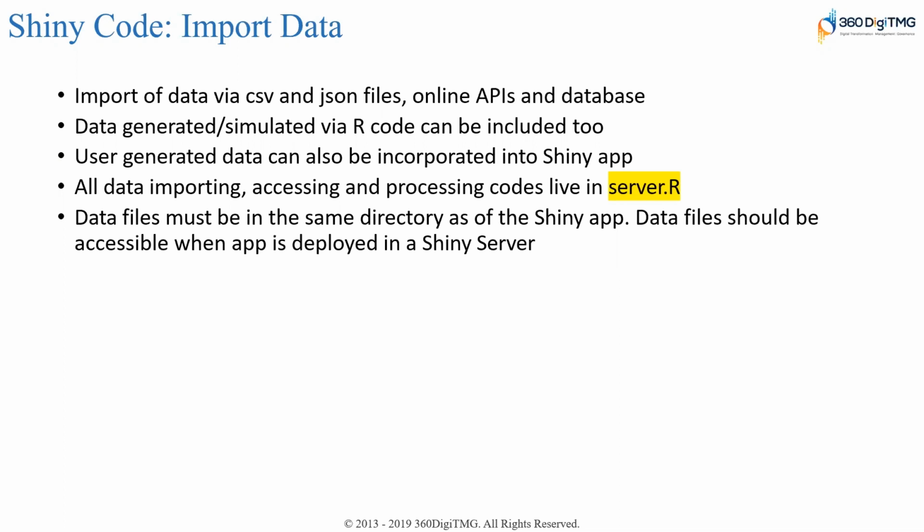So it automatically picks. It's more like the present working directory in R, right? In the same way you would want to have the data in the current working directory, which is nothing but that folder for Shiny. This is a small hint that I would like to give: always make sure the data is along with your Shiny code.